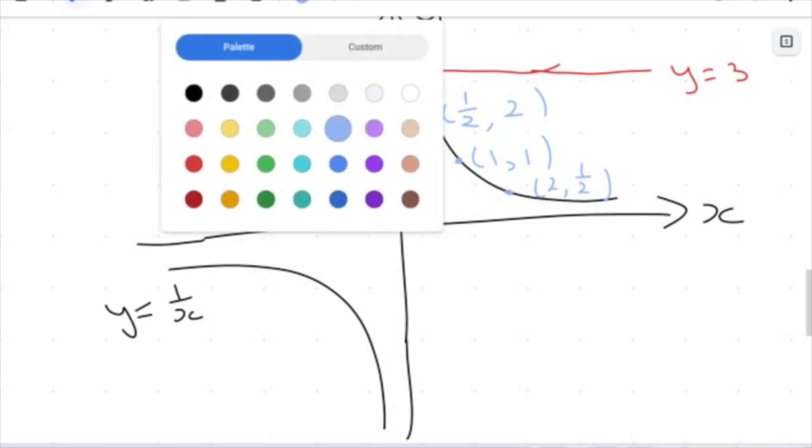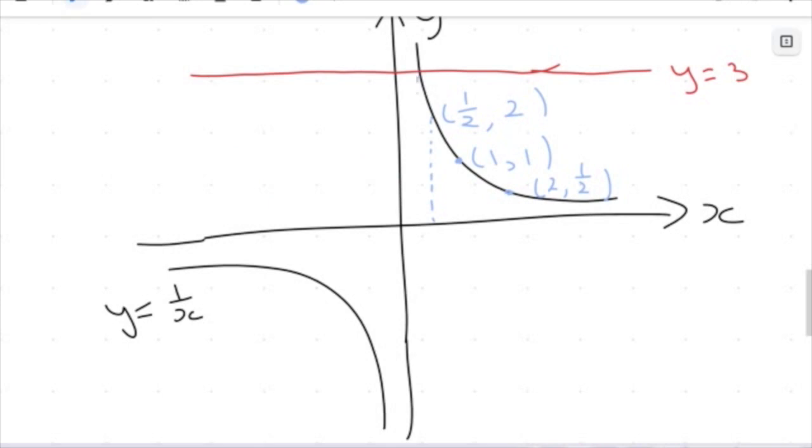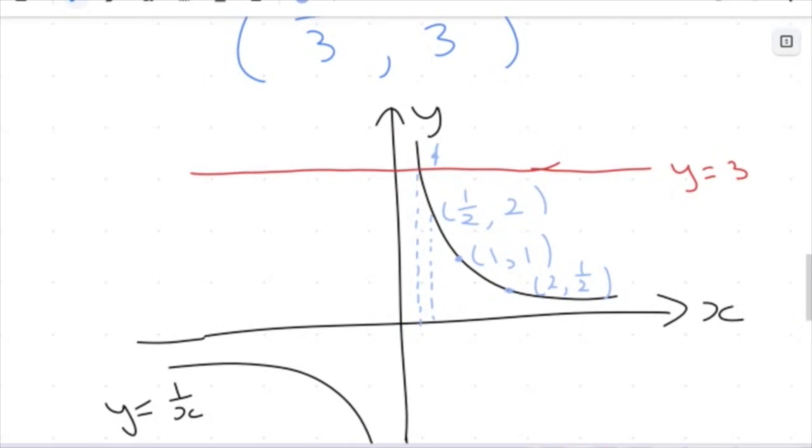Now, if I substituted in x equals 1/3, my y is going to be 3.